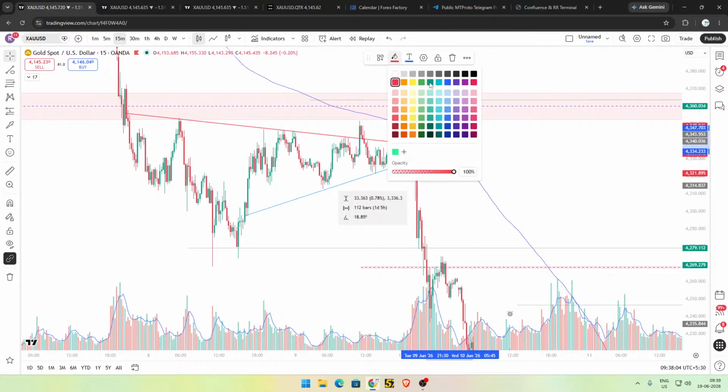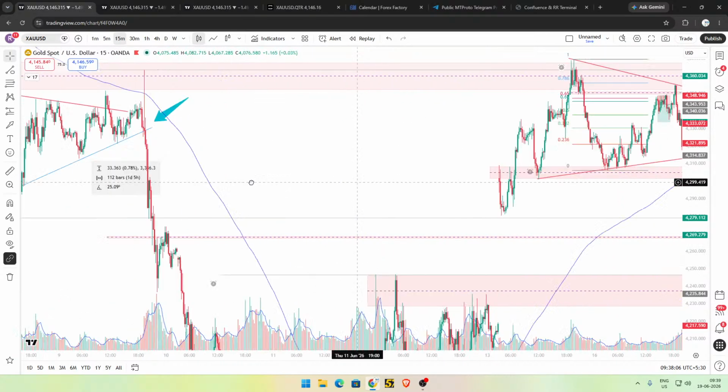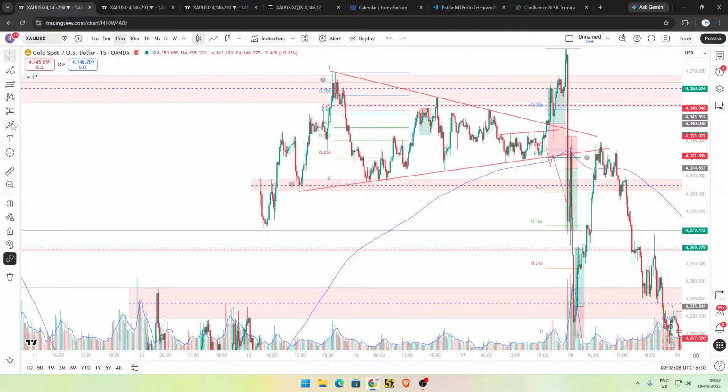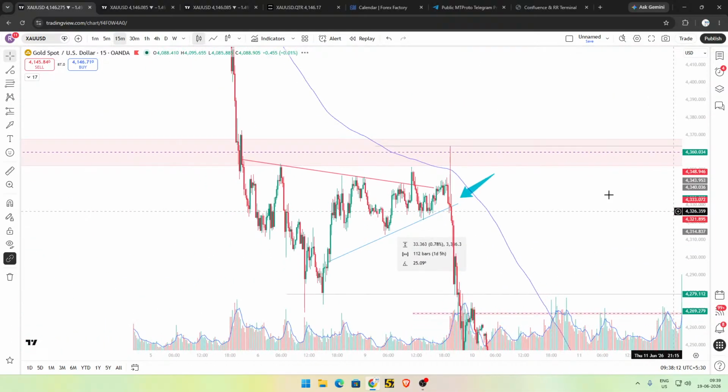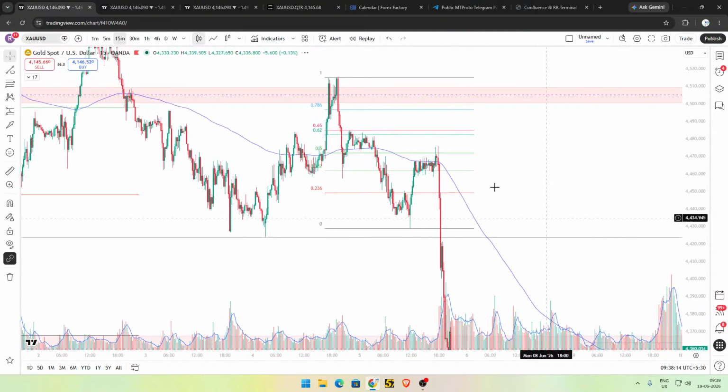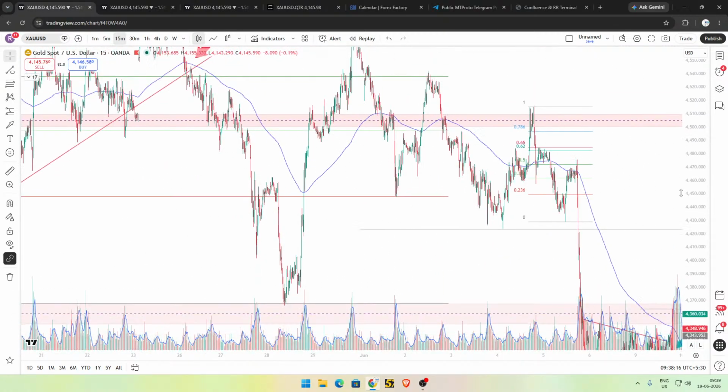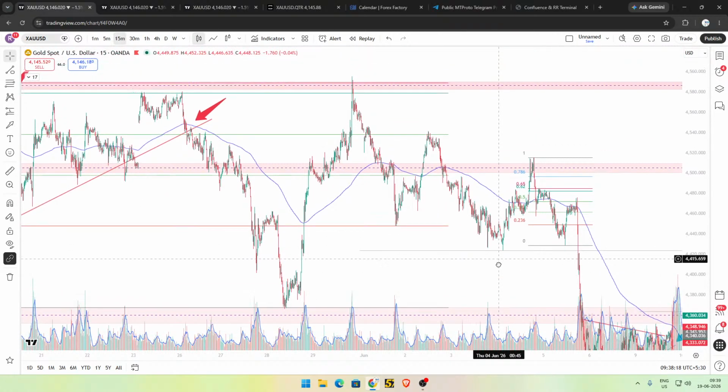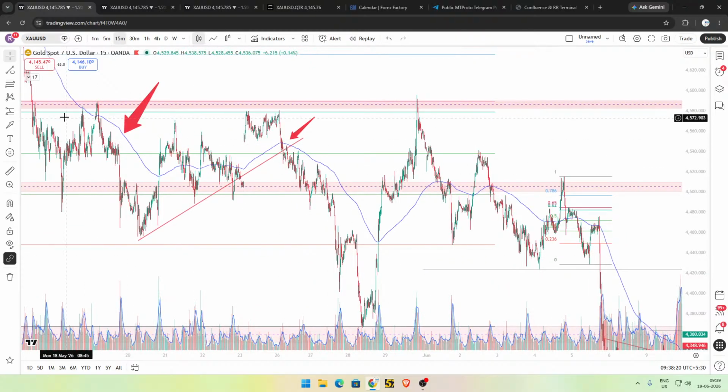So let's color this as blue and let's color this as blue. So these were the two things. And here see, it formed a very nice head and shoulder.